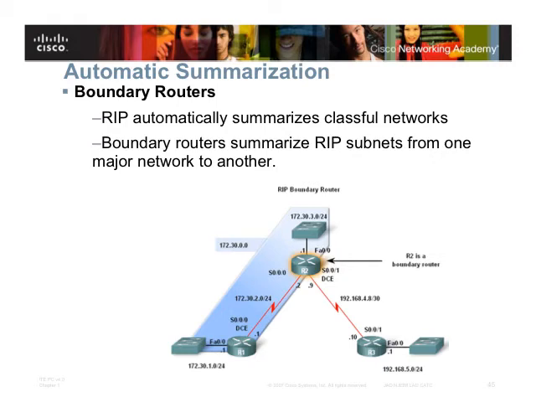In order for this to happen, we have to have what we call a boundary router. So this router 2 is now called the boundary router. Why? Because it's the limit between all the grouped subnets and the other part of the network.